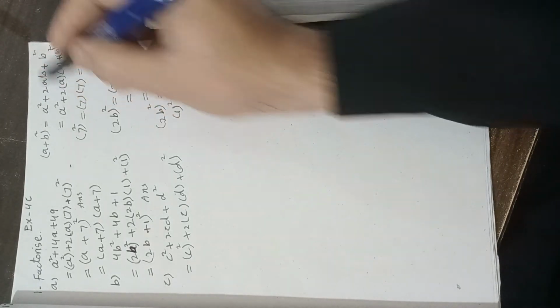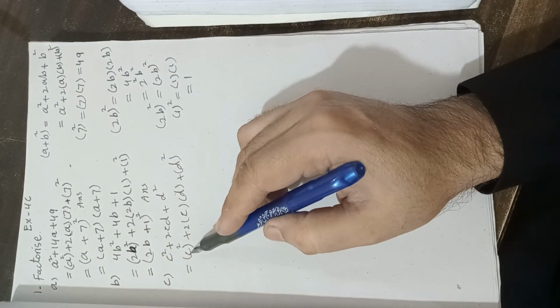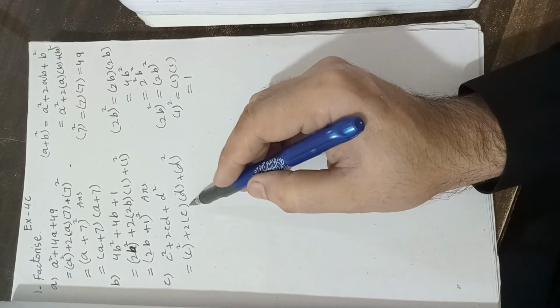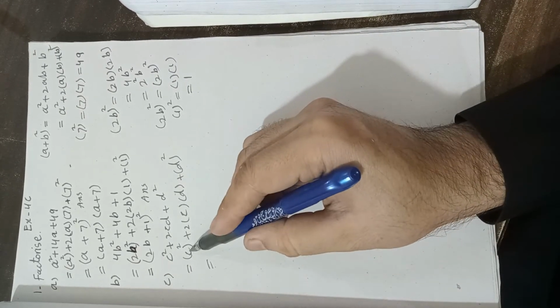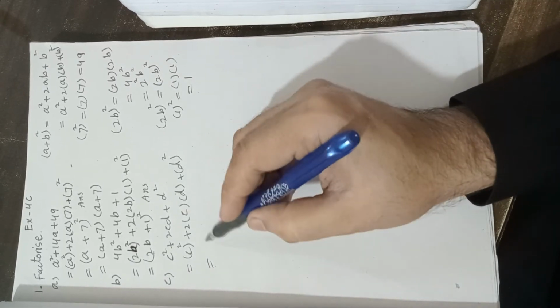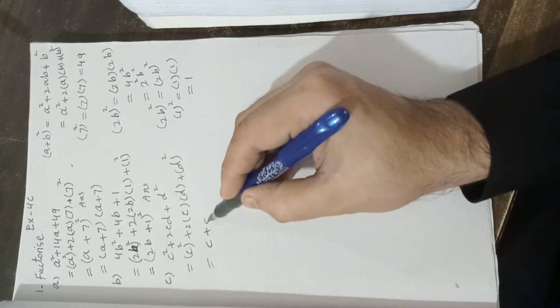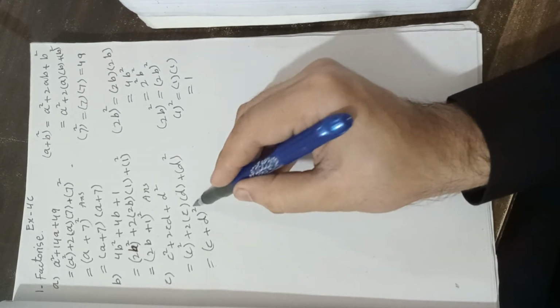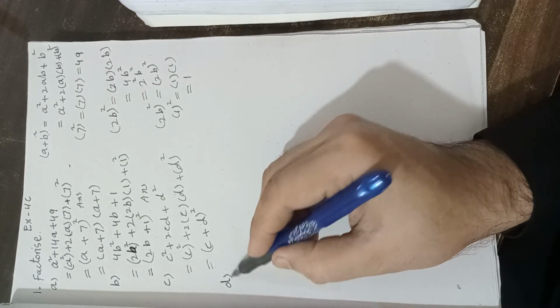Just like this formula, this term is the same. Only c is written instead of a and d is written instead of b. So you will hide this term and write the square of the first and last term, that is (c plus d) whole square.